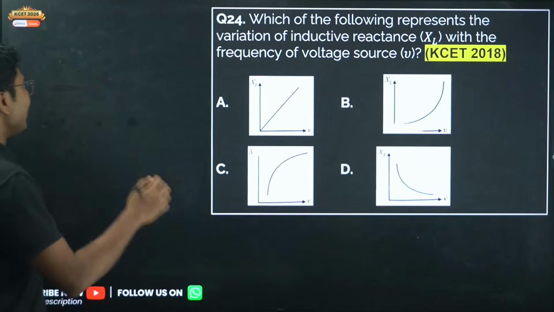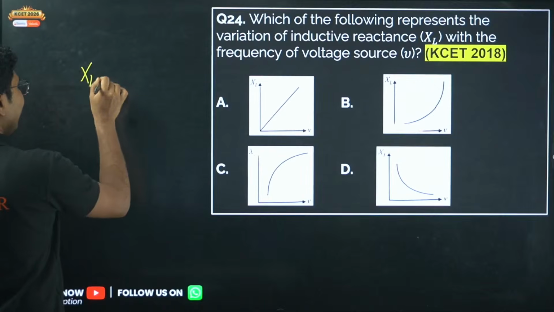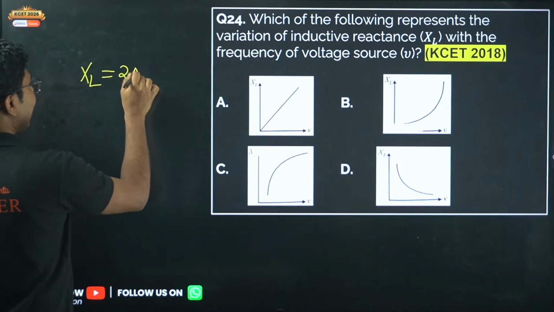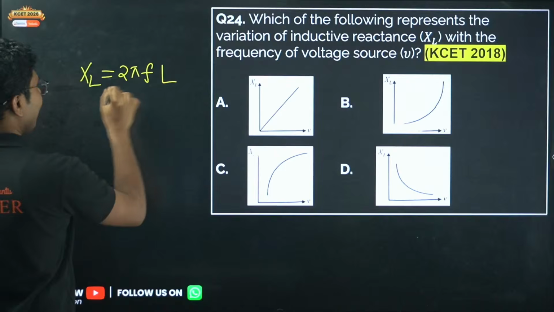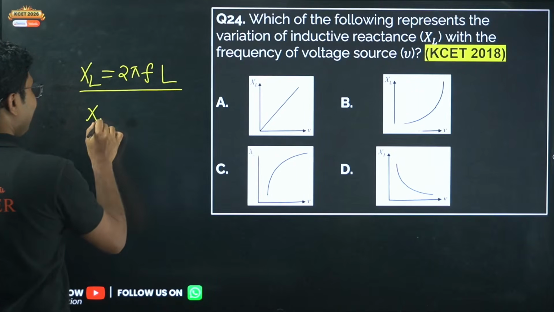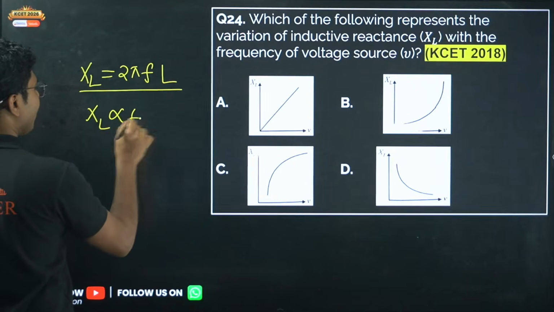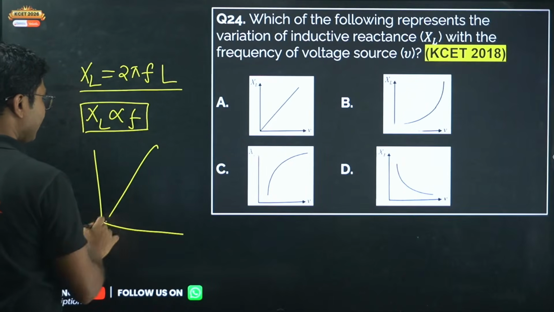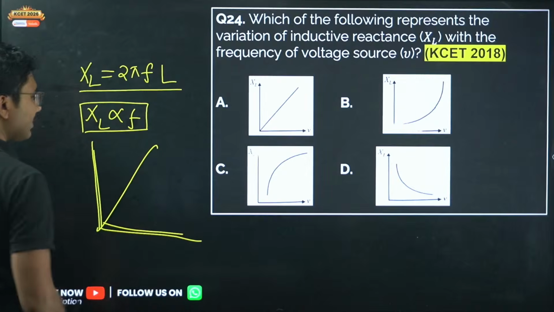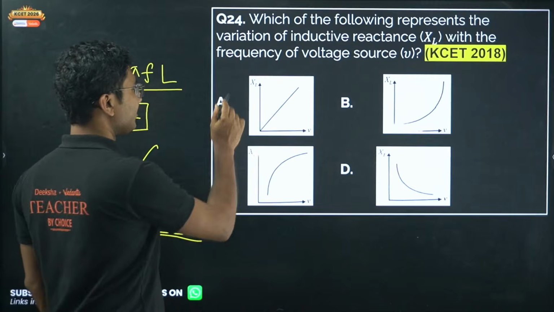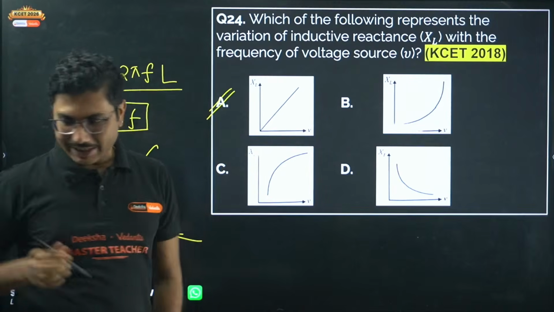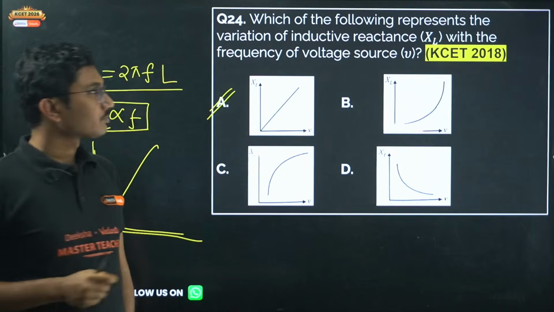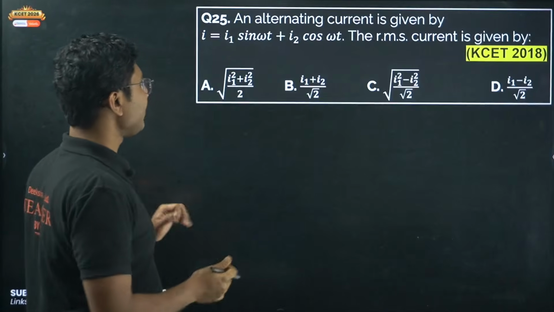We know that XL equals 2 pi f L, so XL is directly proportional to frequency. If you plot a graph, it will be a straight line passing through the origin. So the correct answer is option A. Right? Now let's move on to the next question.